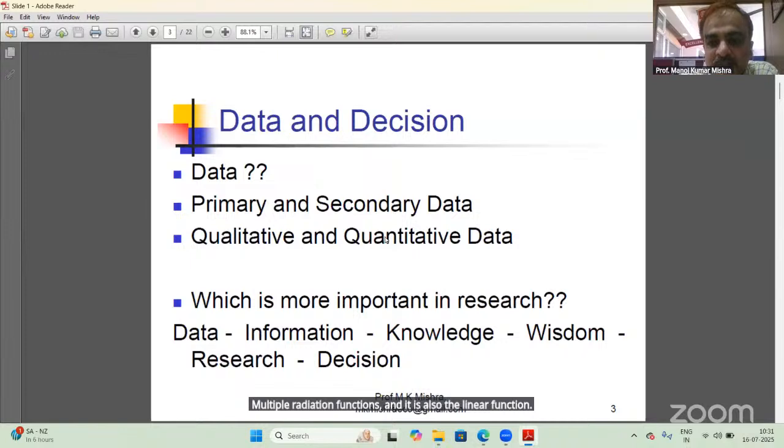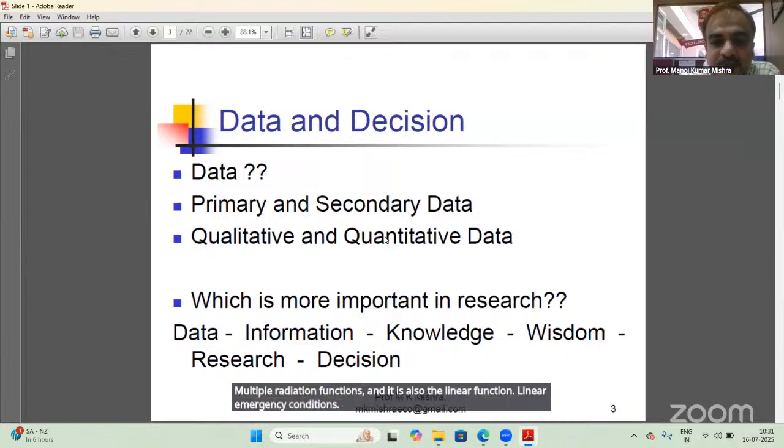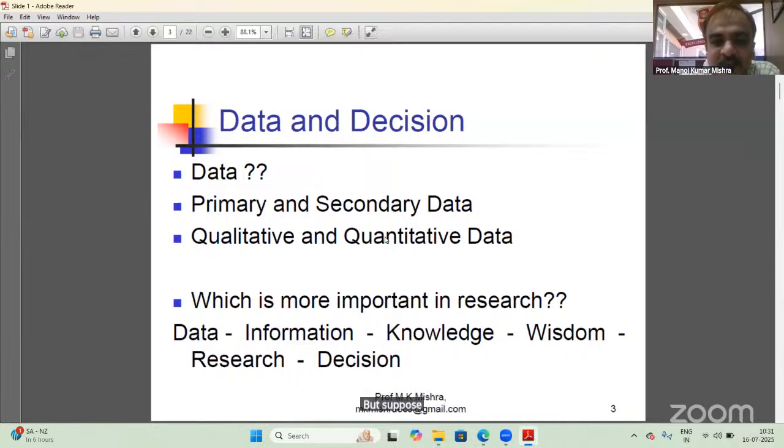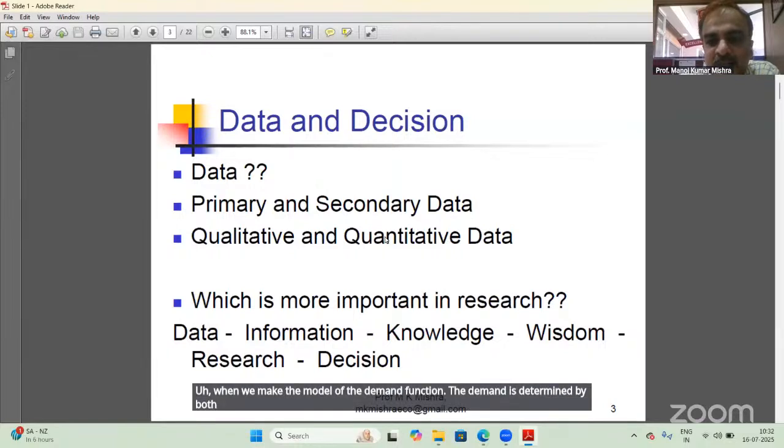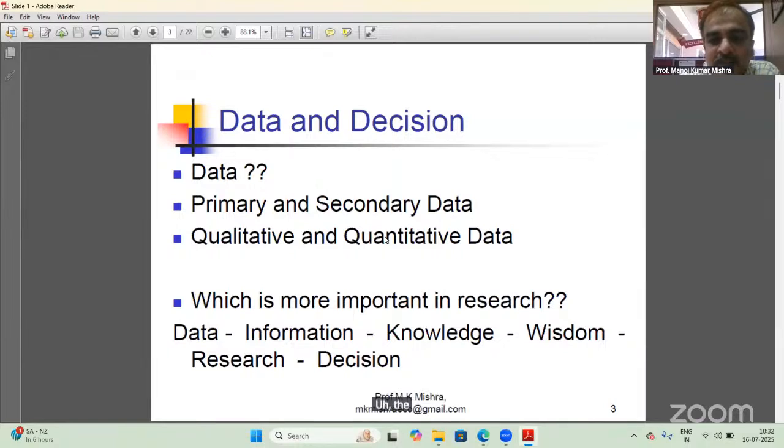Linear multiple regression. But in real life, when we make the model of the demand function, the demand is determined by both qualitative and quantitative data.